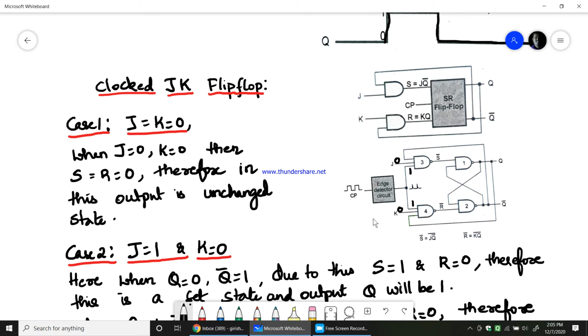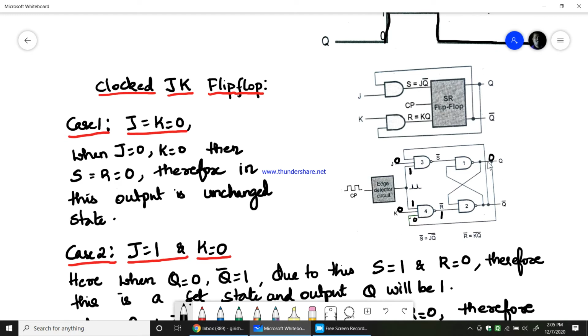Now assume Q equals 0. When I assume Q equals 0, Q is given to this, so this becomes 0. With 1 and 0, the NAND gate output will be 1, because if any one input is 0, the NAND will give you output 1.